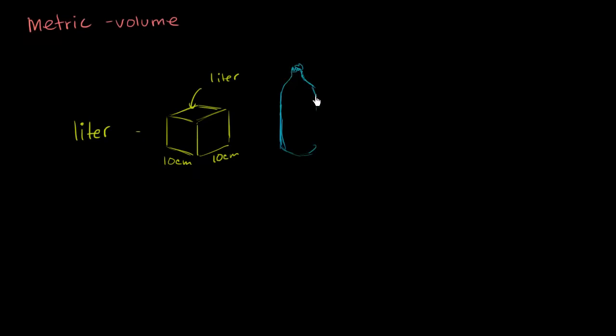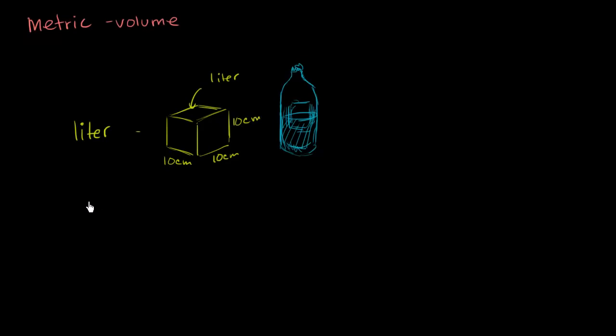At least in the U.S., oftentimes soda and other things will be sold in these 2-liter bottles. So if you take half of this, you are looking at a liter. So a liter would be about half of this. So if it's half full, a liter would be about that much. And hopefully that makes sense relative to this 10 centimeter by 10 centimeter by 10 centimeter cube.